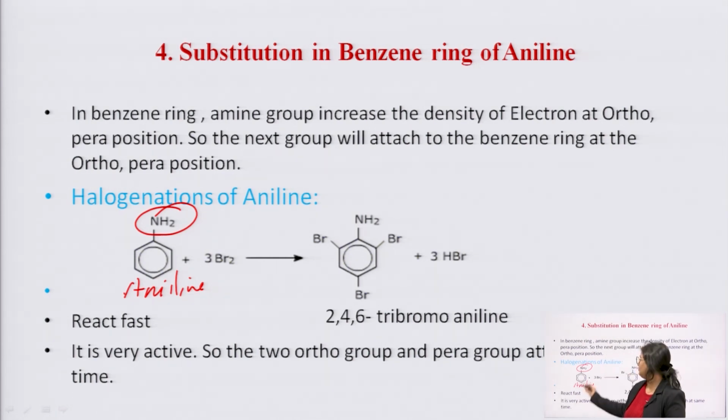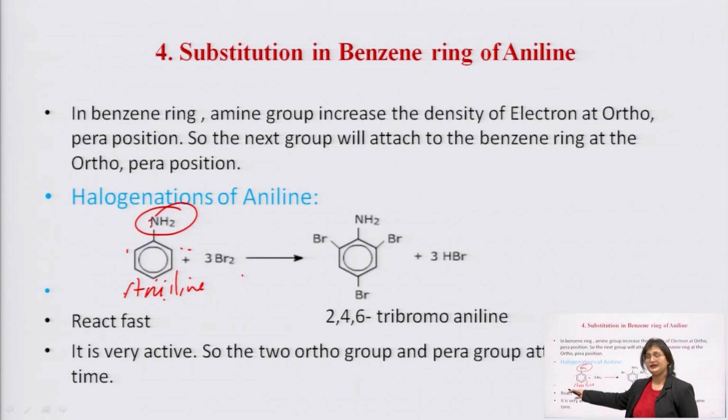Due to the presence of the lone pair on the nitrogen atom, the ortho and para positions of the benzene ring become electron rich. Hence, when the electronegative bromine or halogen reacts with aniline, it attaches onto the ortho or para positions.